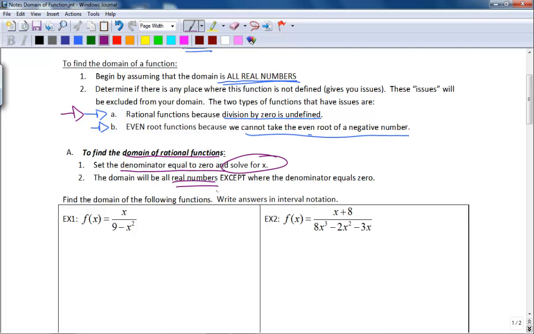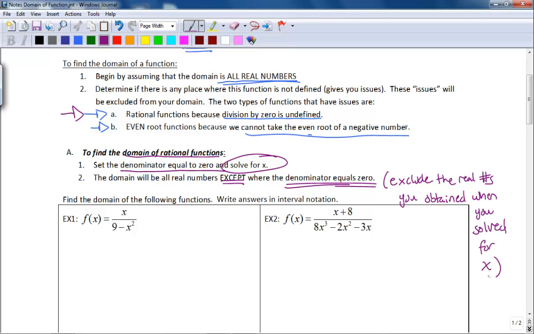Any real numbers you obtain have to be excluded from the domain. So the domain is going to be all real numbers except where the denominator equals 0. And again, really what you're doing is you're going to exclude the real numbers you obtained when you solved for x. So any real number you get when you solve for x has to be excluded from your domain.